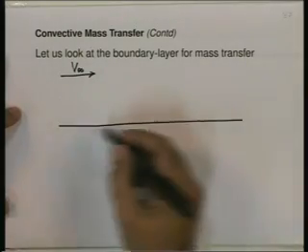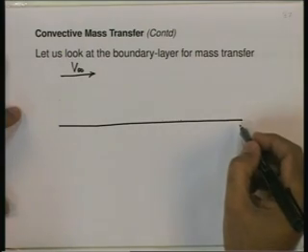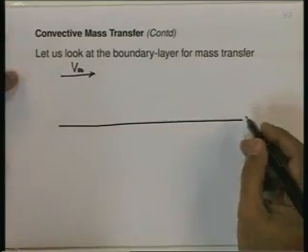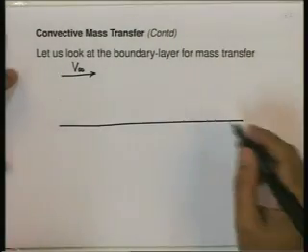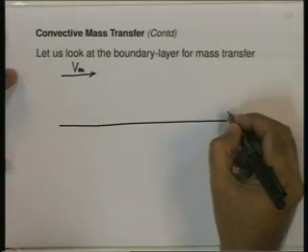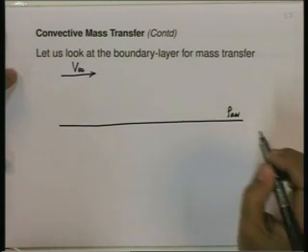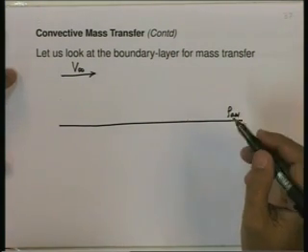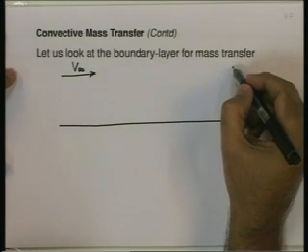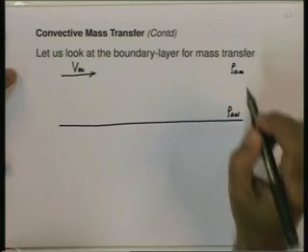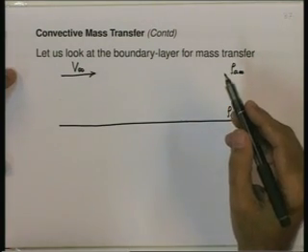Let us say that the plate is covered with some material, some fluid, which diffuses into the free stream. Let us say that the component A has density rho AW near the wall, and it has a density rho A infinity in the free stream.